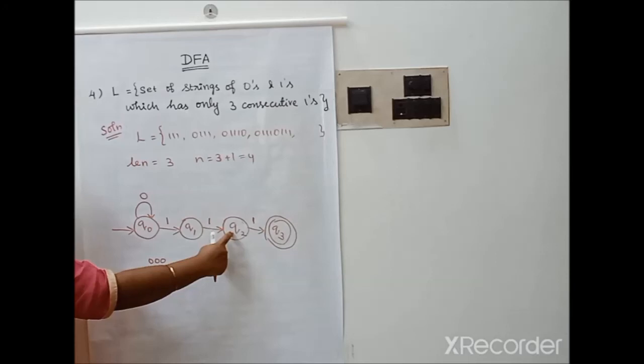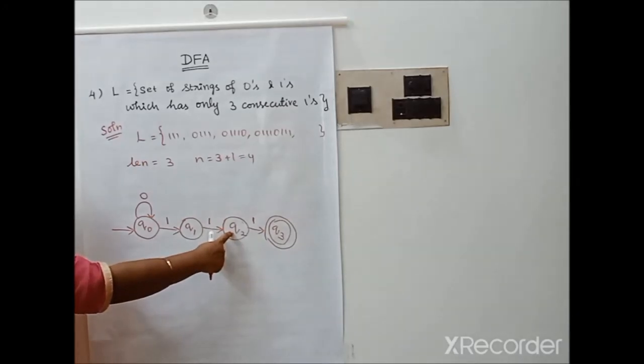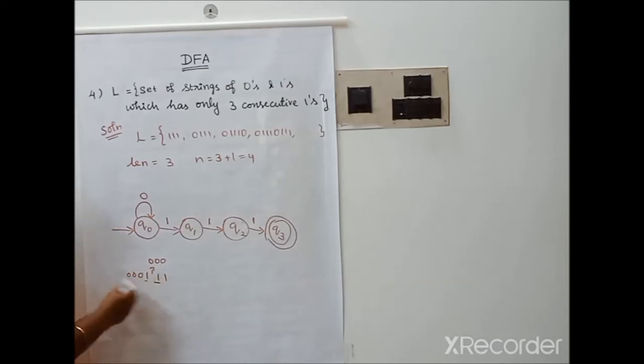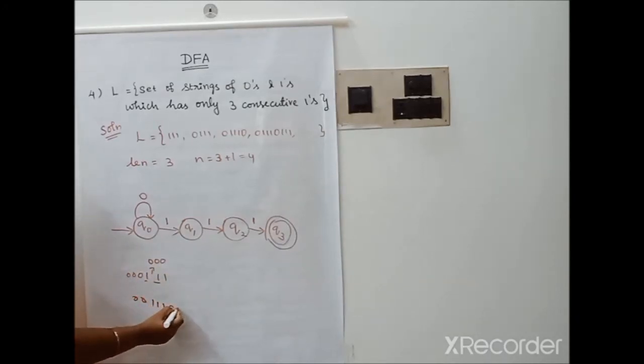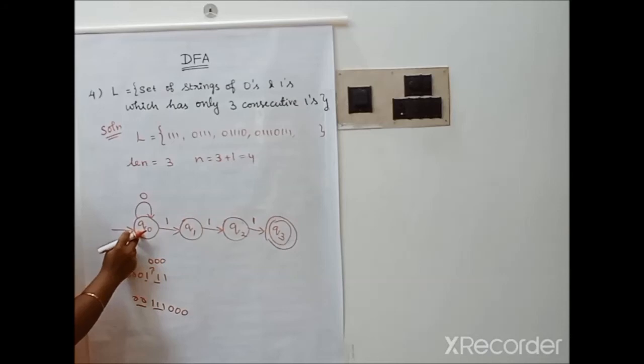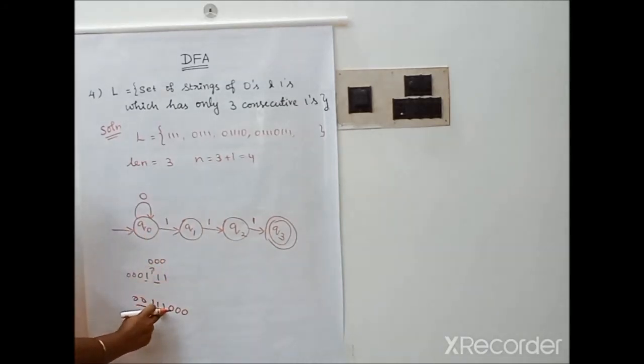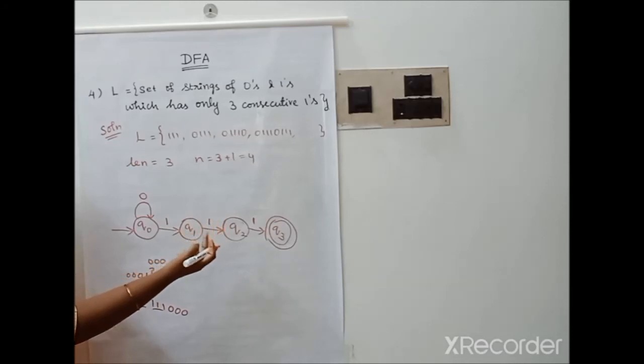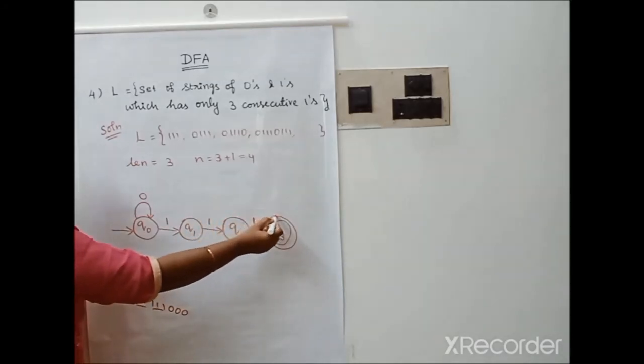Similarly, from Q2, there is no transition for the input symbol 0 because 3 consecutive ones should occur. Before these 3 ones, you can have any number of zeros, or after these 3 ones, you can have any number of zeros. Therefore, before these 3 ones, you can have any set of zeros, which is the initial state. Once we are having 3 consecutive ones, we can reach the end state. There you can have any number of zeros.